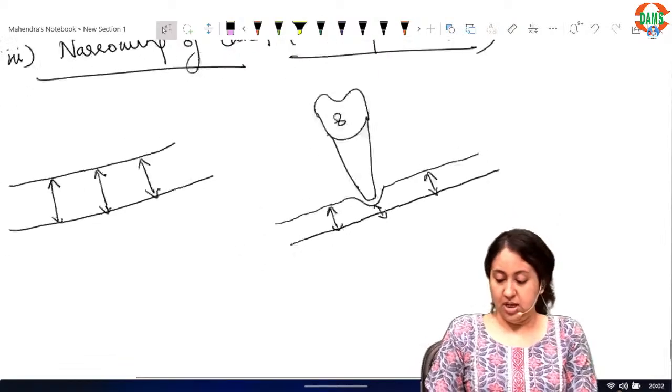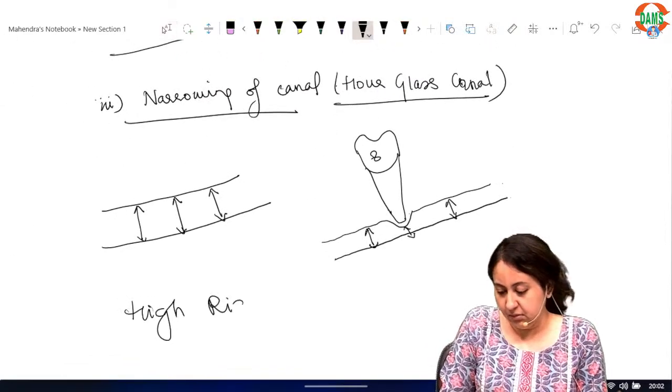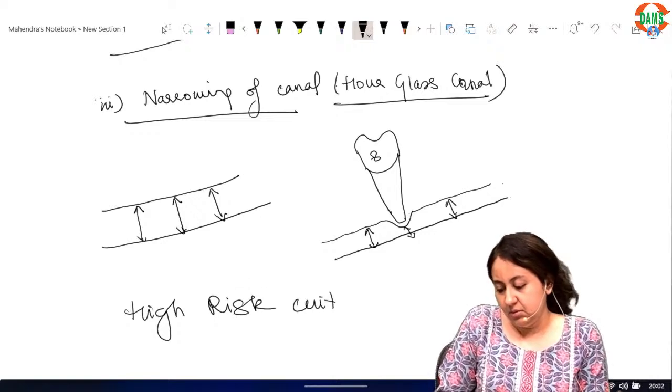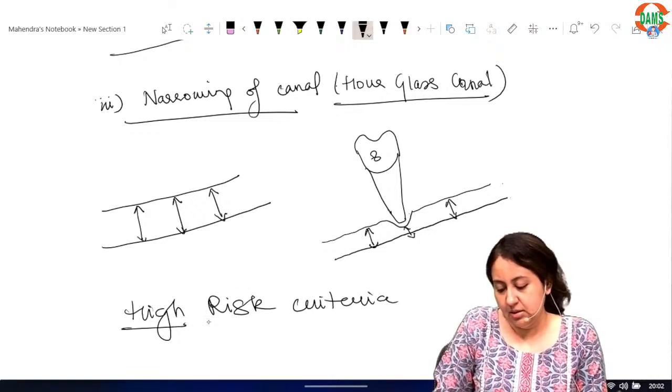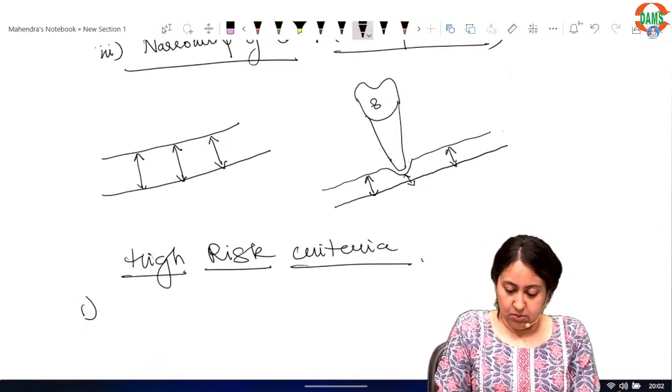Now there are certain high risk criteria. Now, darkening of root.